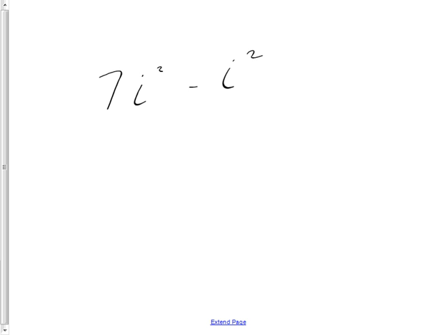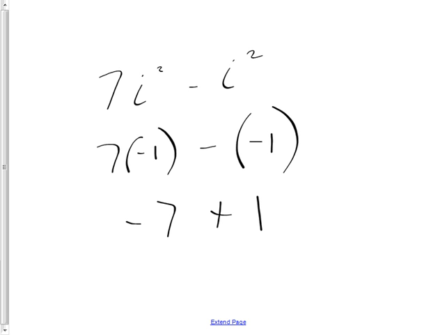That's a good sign. What do you think it is? Negative 6 is right, because 7 times negative 1 minus negative 1 means really negative 7 plus 1, negative 6. Okay, there you go. That's a typical ACT question. i squared is negative 1. And it comes from the fact that i is the square root of negative 1.